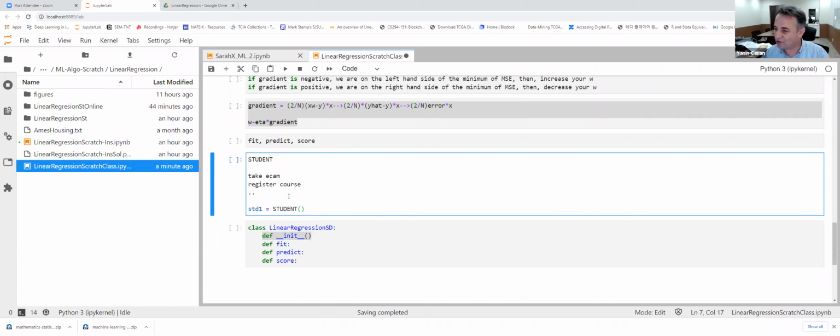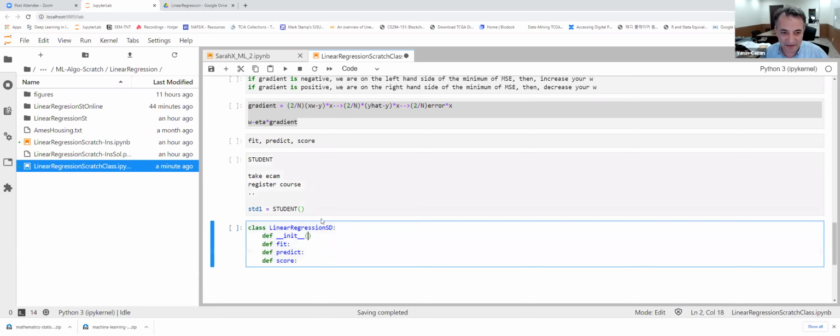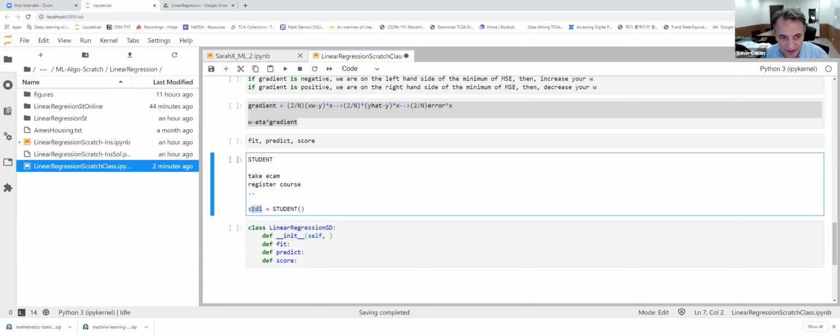All these attributes will be the initial attributes that are assigned automatically whenever you create an instance from the student class. That's why we are using this init function. All right. This init function always has self as the first parameter. Self refers to the instance that we are creating.